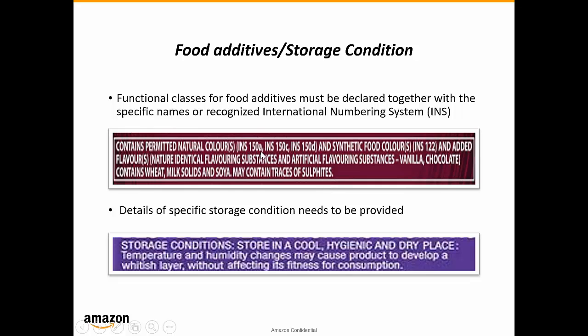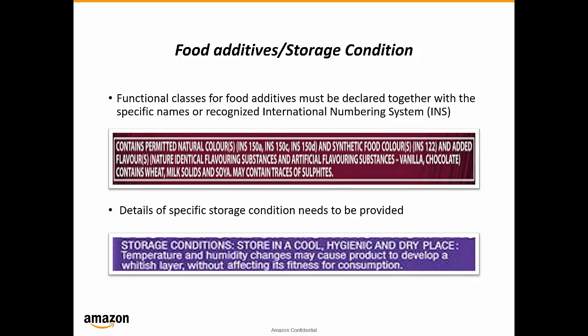So instead of giving a full name, we put INS here and we complete the information that these particular permitted natural colors are added in the product. Similarly, if you see the next line, it is written and synthetic food colors, INS 122 and added flavor. So this way, additives should be mentioned in the ingredient itself. That's mandatory.